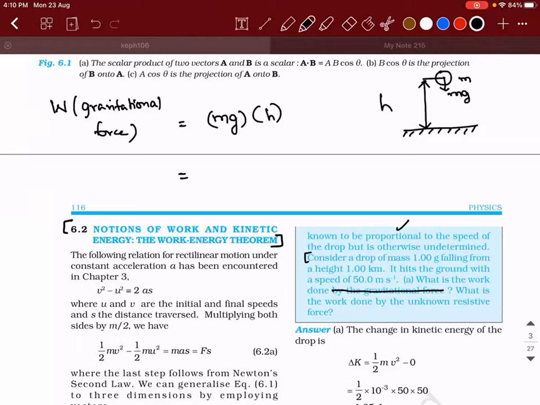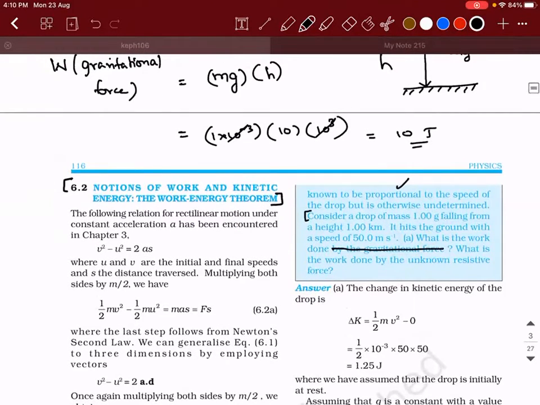So m is how much? 1 into 10 power minus 3, into g, for the time being I'll take it as 10. And the distance it is traveling is 1 kilometer, that is 10 power 3 meter. So cancel this and this, the answer will be 10 joule.